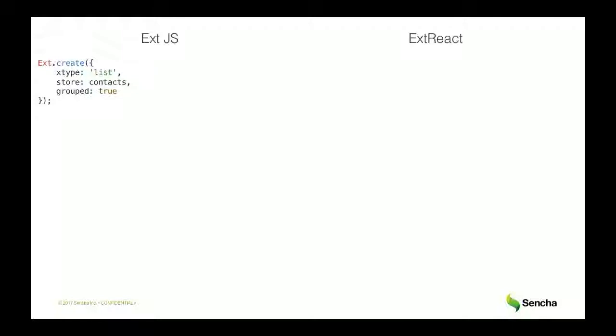So if you were to do the exact same thing in ExtReact, this is what it would look like. You'd import List from ExtReact, and then you use it as a tag in your JSX. The way that components are named, the way that you import them, is it's basically the capitalized, camelized version of the xtype.